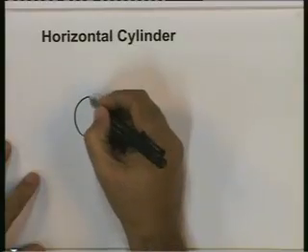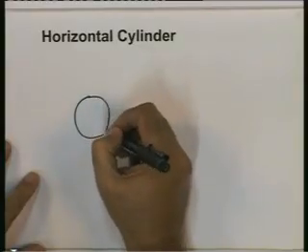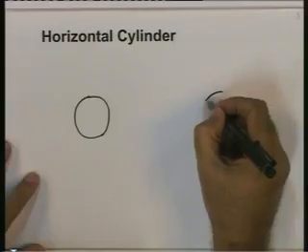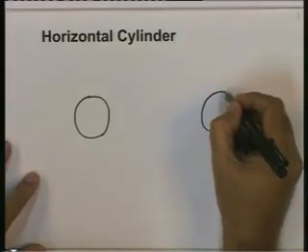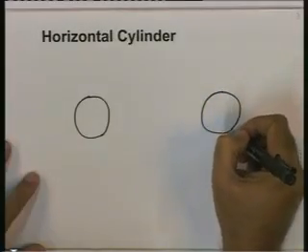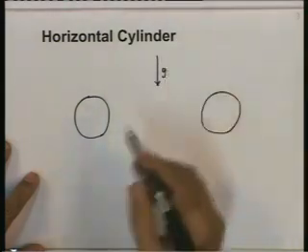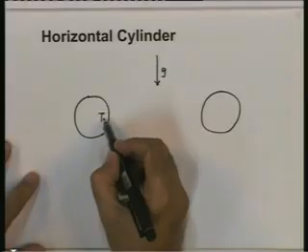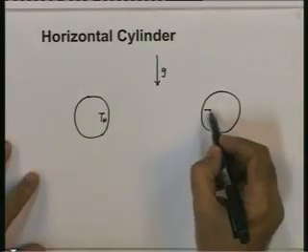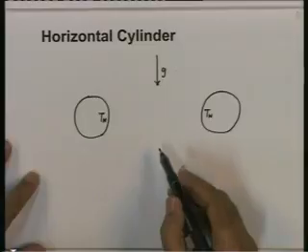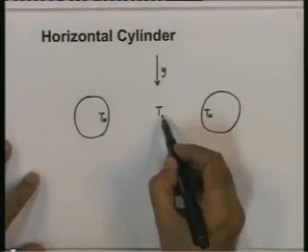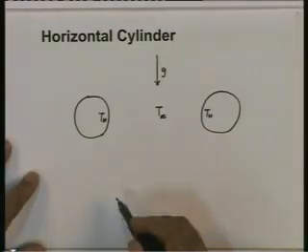Let me draw one cylinder and let me draw another cylinder. Let us say gravity in either case acts downwards. Each cylinder has some surface temperature Tw and a free stream temperature T infinity for either.